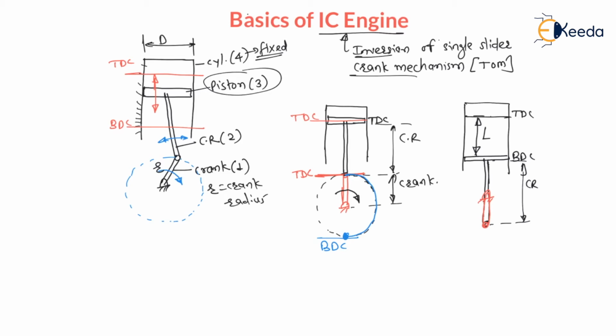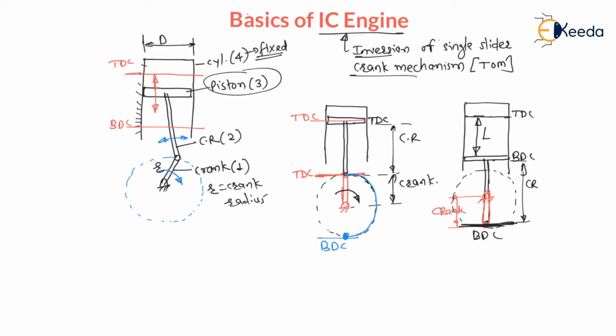This red color is the crank. Now this crank is rotating like this. At this location, whenever the connecting rod and crank are connected at bottom dead center, the piston will be at BDC.